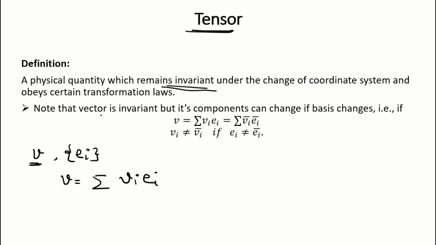If we are moving from one coordinate system to another, that means we are changing the basis vectors. Let us suppose in the new coordinate system we have basis vectors e_i bar.